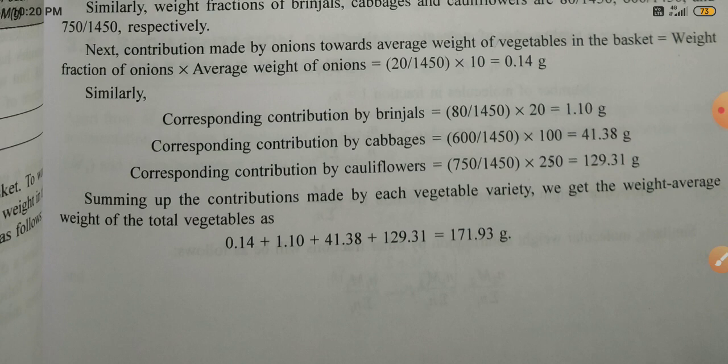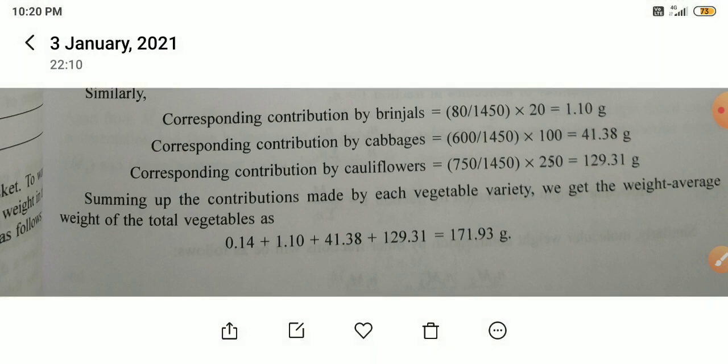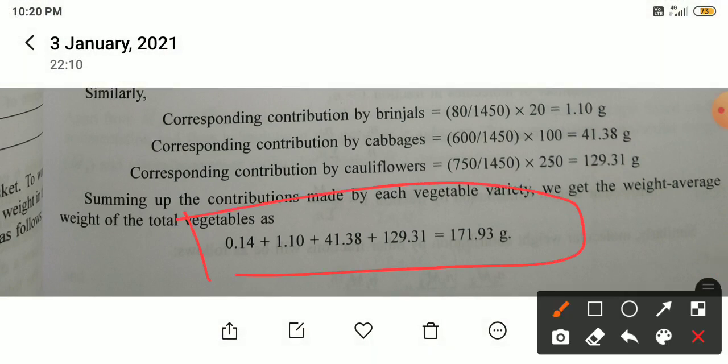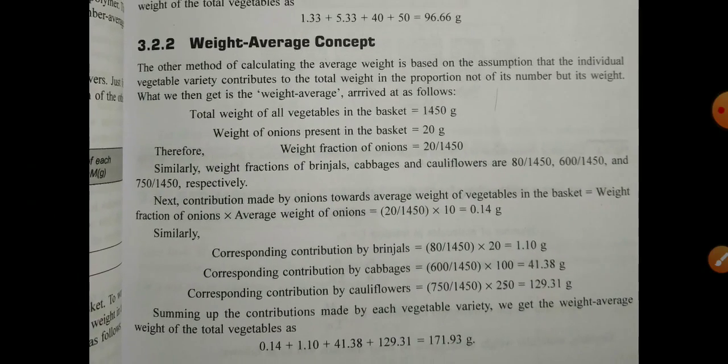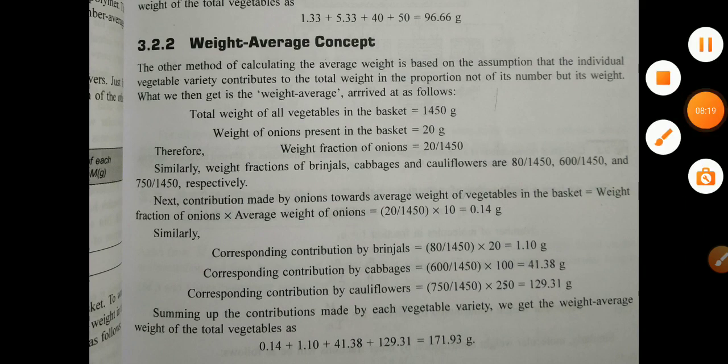Summing up the contributions made by each vegetable variety, we get the weight average of the total vegetable, the value is 171.93 grams. This is a simple concept for the weight average concept.